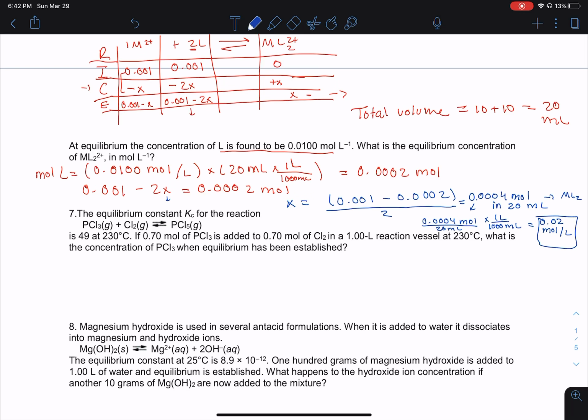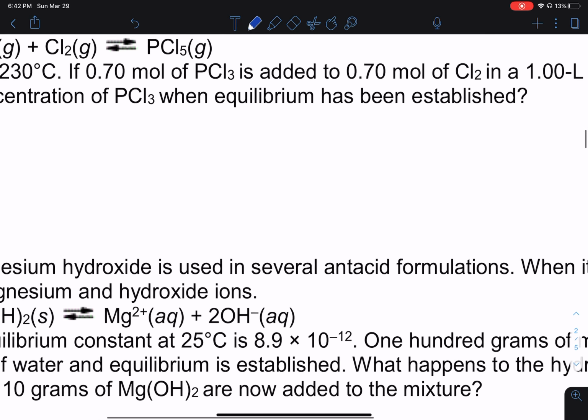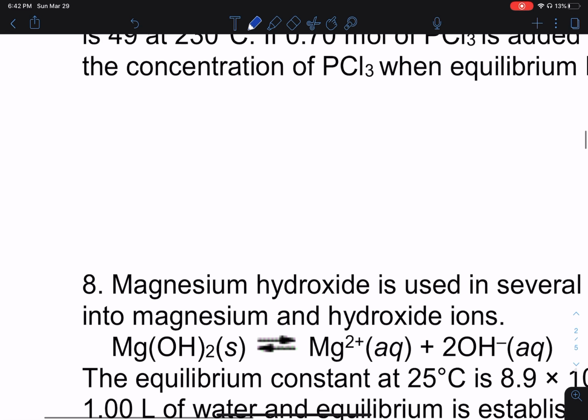So we already figured out that 0.7 moles of PCl3 is added to 0.7 moles of Cl2. And we already have the Kc right here. Okay, perfect. So our equilibrium equation, we'll start out with that.